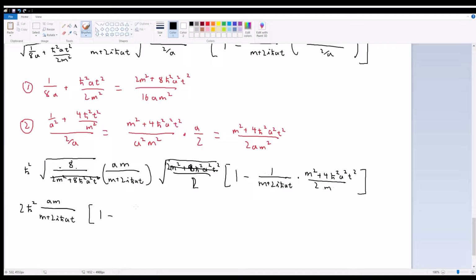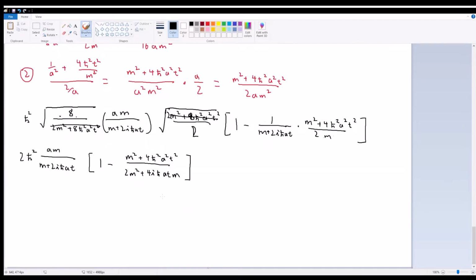So what is that? m squared plus 4h bar squared a squared t squared over 2m squared plus, well, maybe I don't want to completely do that yet. I guess I could, so let's just do it. Let's just get it over with. 2m squared plus 4i h bar atm.